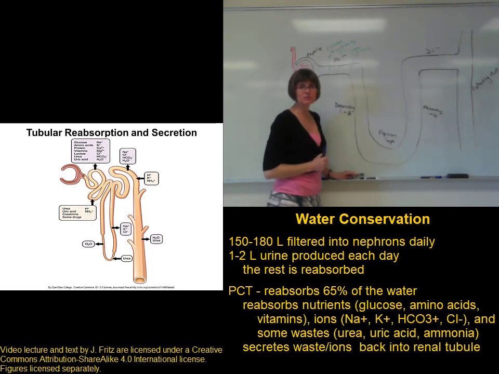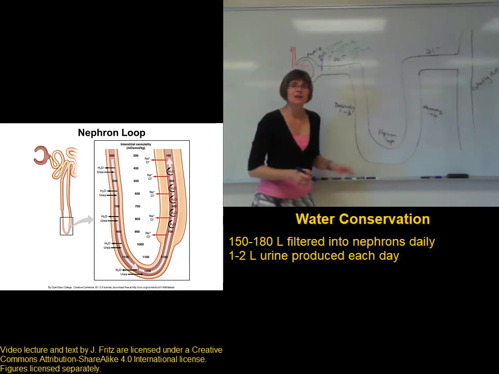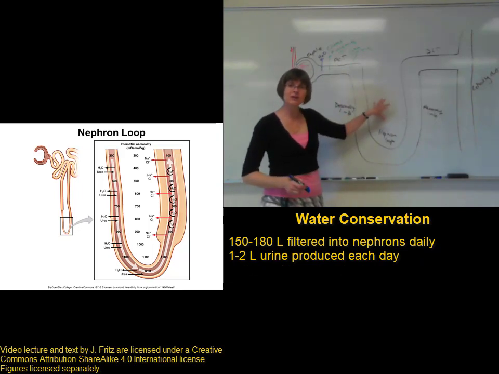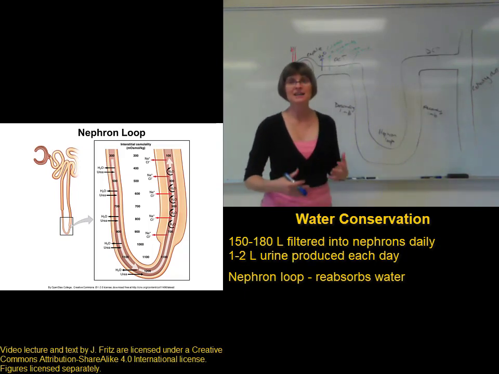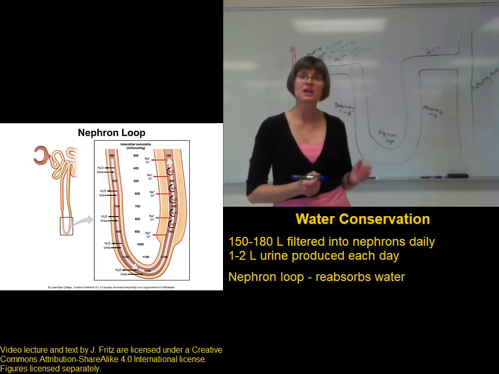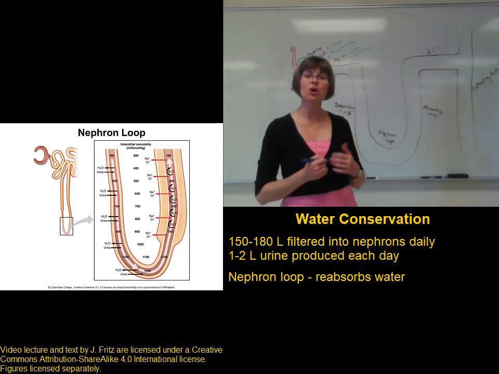We also reabsorb, as I said before, a lot of water here from the PCT. We also reabsorb quite a bit of water from the nephron loop. To understand how the nephron loop is important for reabsorbing water, we have to understand how it creates a salt gradient.